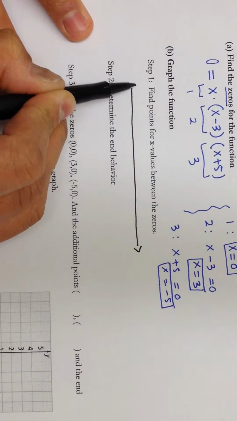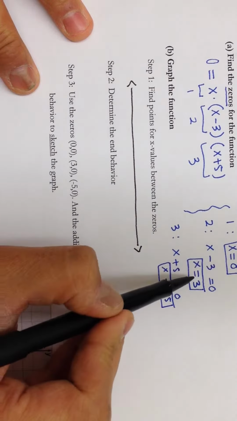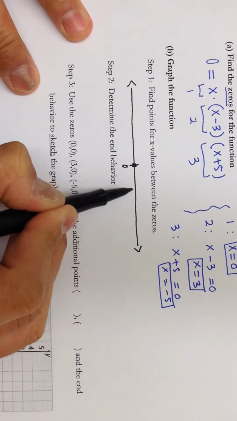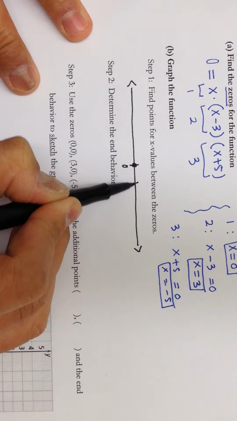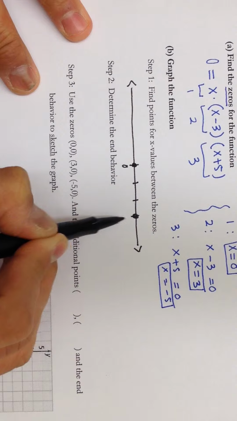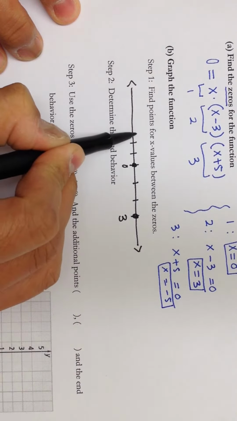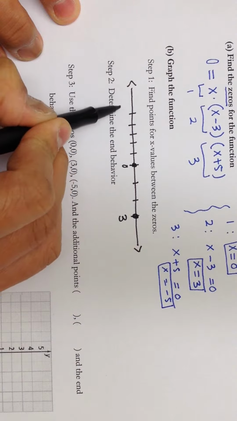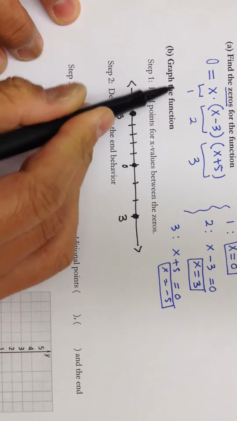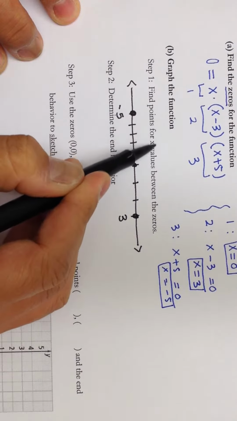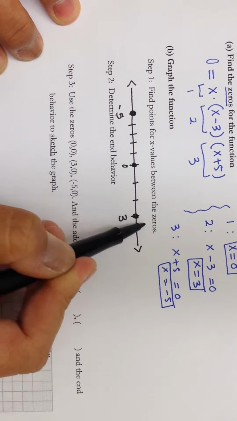Start off by plotting your zeros, which are at 0, 3, and negative 5. The graph will basically cross the x-axis there, and there, and there.